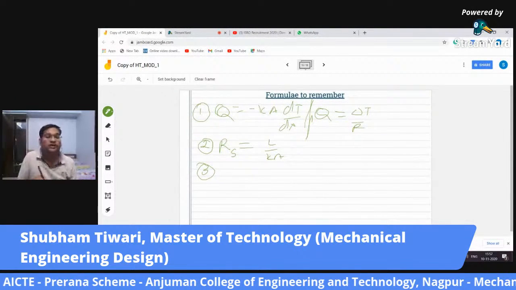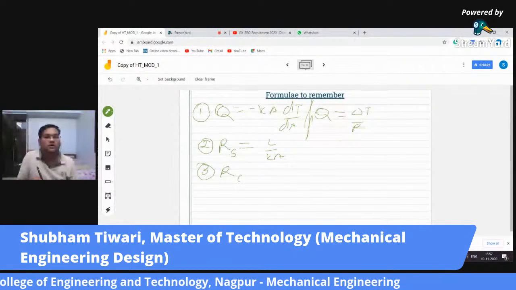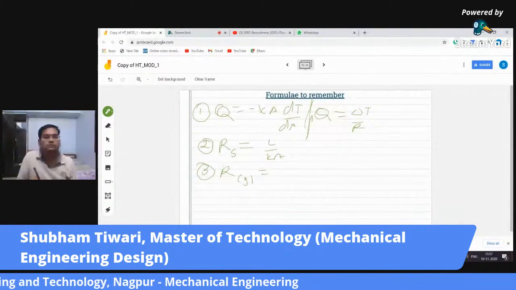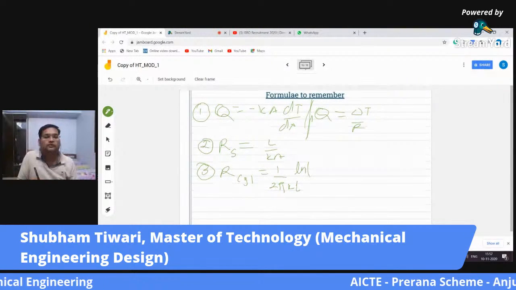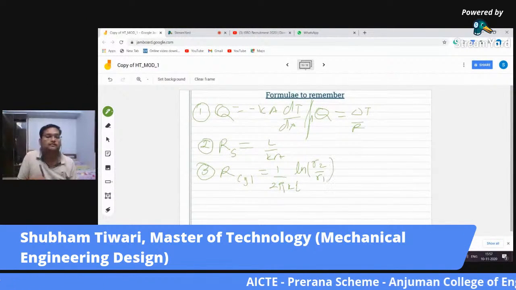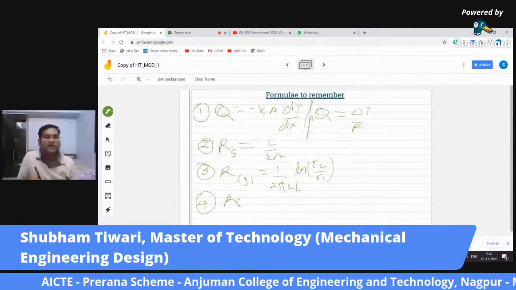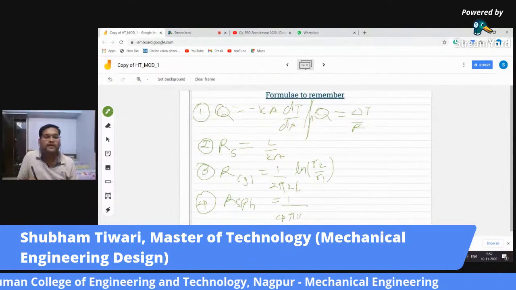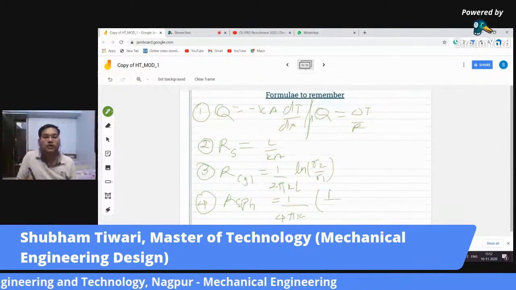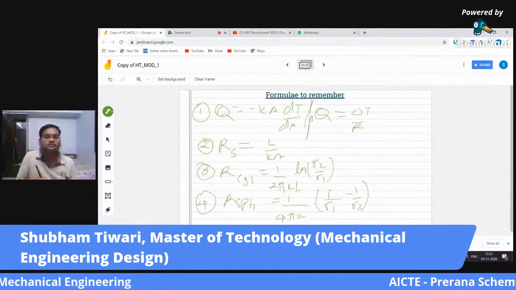Note down this formula if you need; I think you should note it down. R cylinder is 1 upon 2 pi K L ln of R2 upon R1. R sphere is 1 upon 4 pi K times (1 upon R1 minus 1 upon R2).